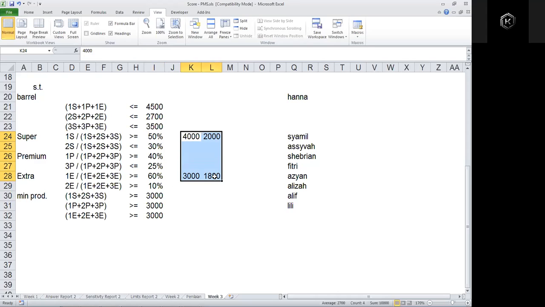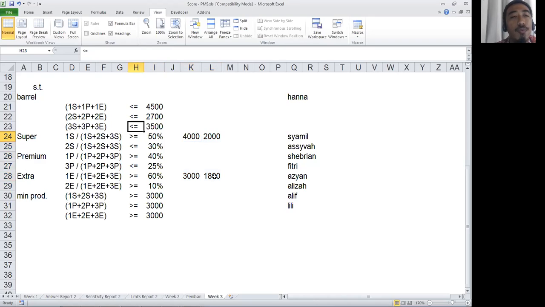So we're not talking about barrels of component one in this series of constraints. We're talking about the barrel of super. The barrel of super itself could be like this. The barrel of extra itself could be like this.